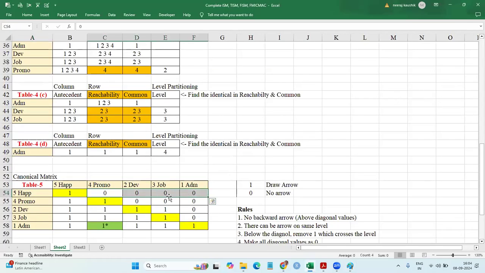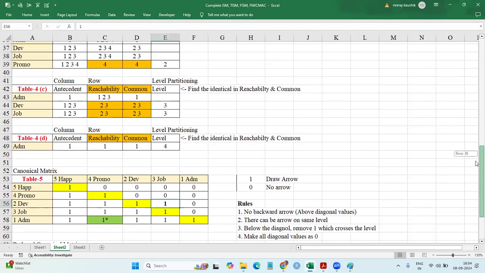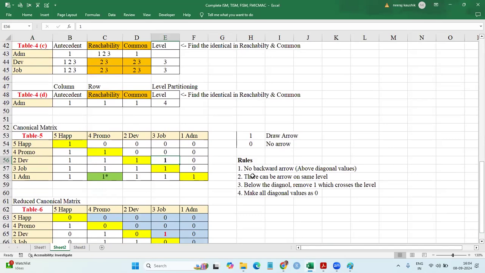So no arrow on the upper side of it. But one can be there. Why is there a one? I can see one above the diagonal. Because both of these, development and job, are on the same level. So that is rule number 3. Rule number 2, there can be an arrow on the same level. So this is allowed. Look at the number 3. Latika says, we will always get one variable at last.